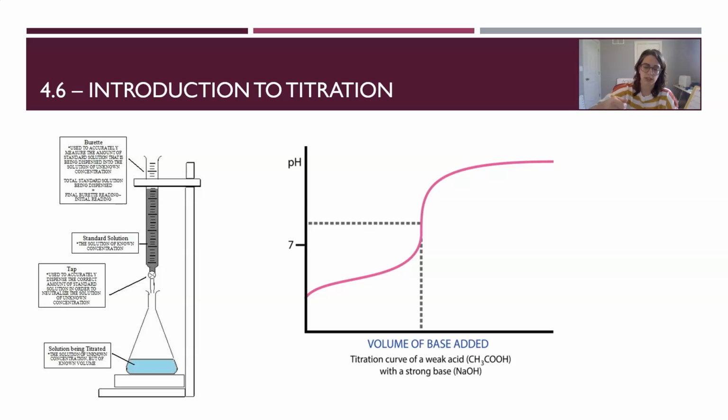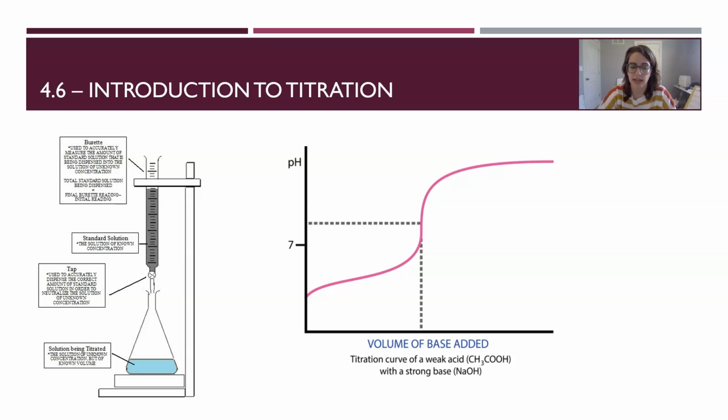You can open it up so it dispenses fairly quickly, or you can keep it closed or closer to closed so it dispenses by drop. That helps you get a really nice, clear point of color change. And then the unknown concentration is down at the bottom in your Erlenmeyer flask, which is what you're ultimately trying to calculate.